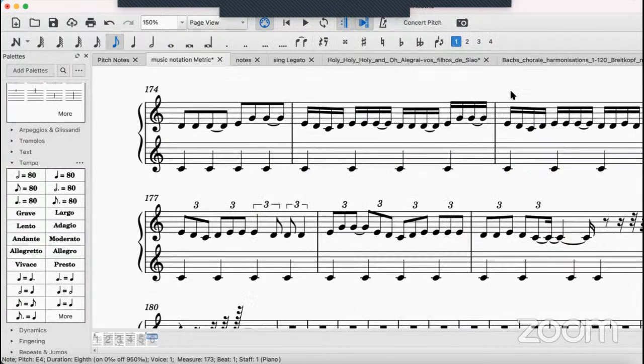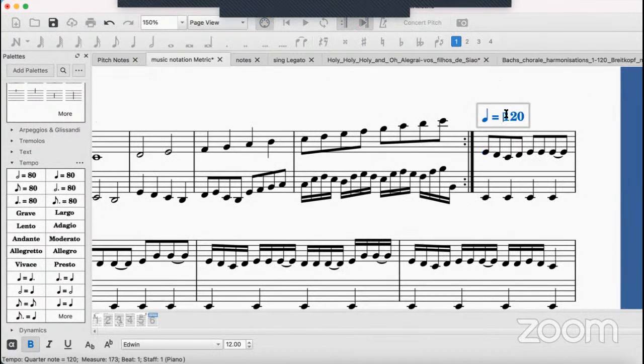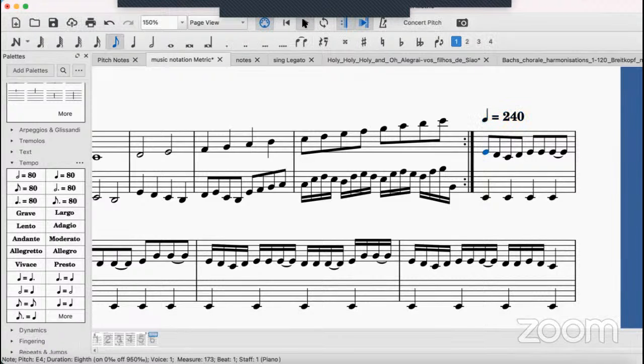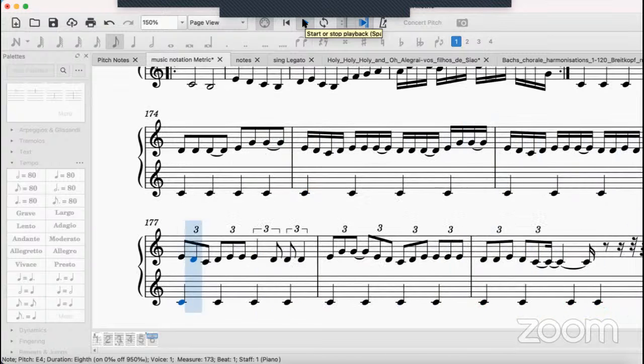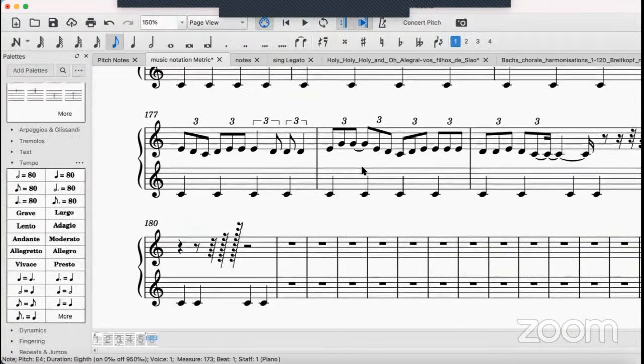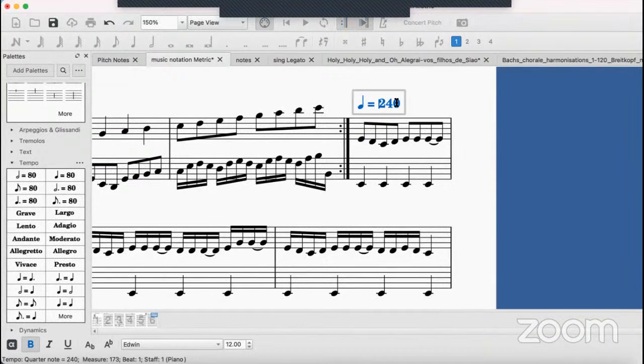Now let's see the quarter note faster. Faster yet.